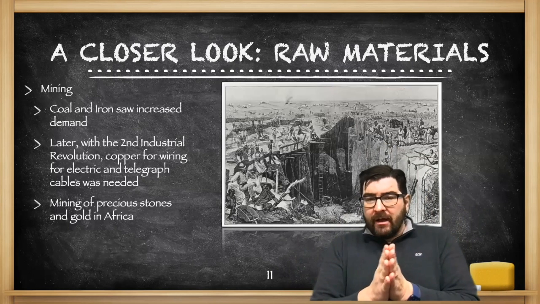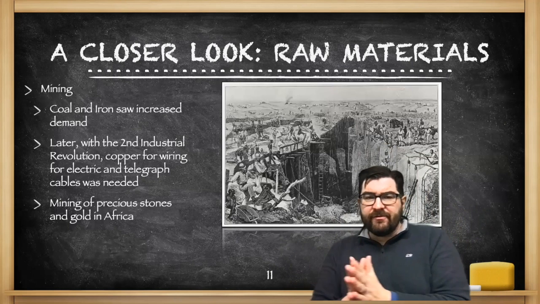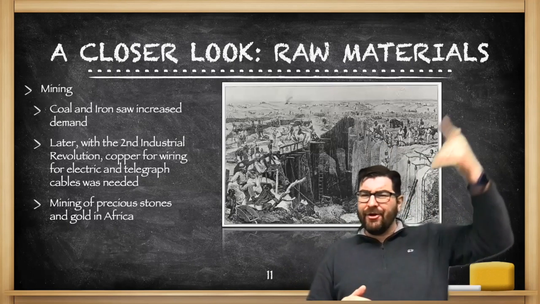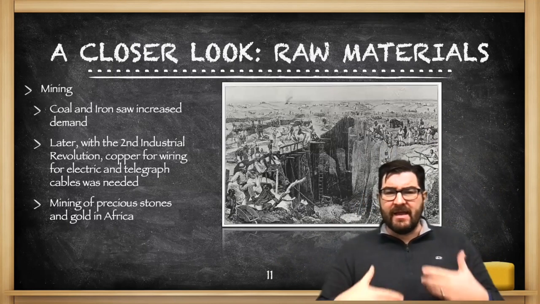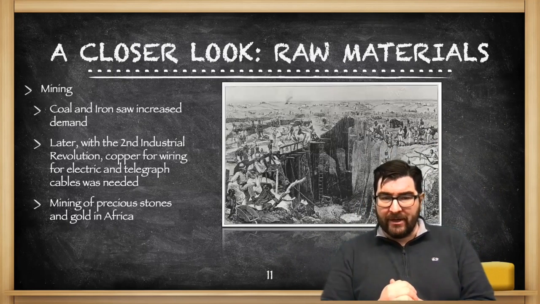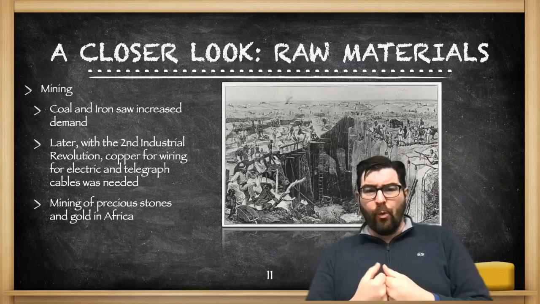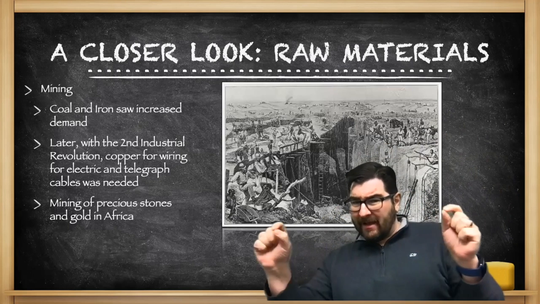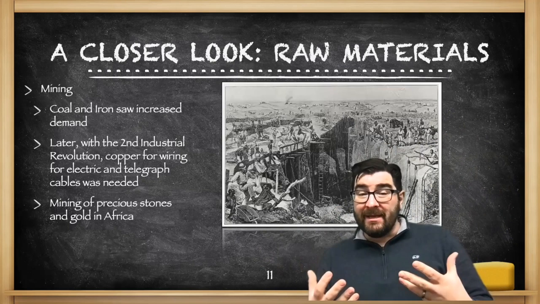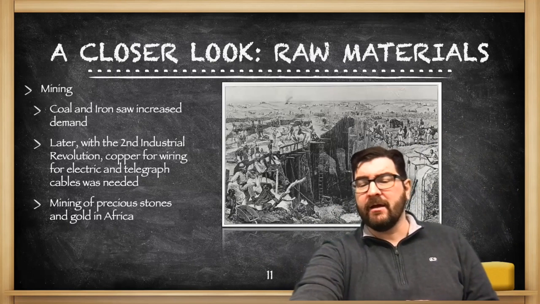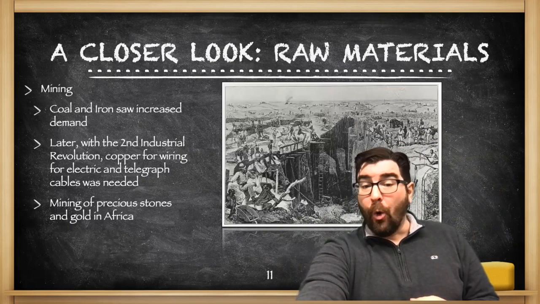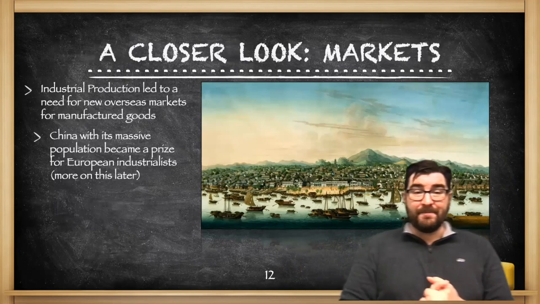Mining in Africa was also central to the needs of the Industrial Revolution. In Europe, coal and iron are certainly going to see increased demand and increased production. But with the second Industrial Revolution, more copper was going to be needed for electrical and telegraph wires, and also the mining of precious stones and gold out of the African subcontinent.